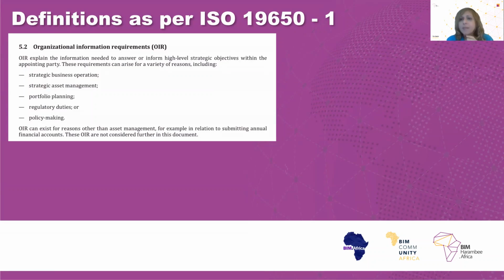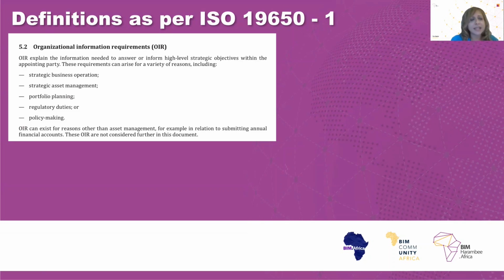So the OIR basically feeds into the creation of the assets on the whole of that organization, and defines what information should be taken from that asset to satisfy the business objectives on the whole of all of the assets created by our organization.